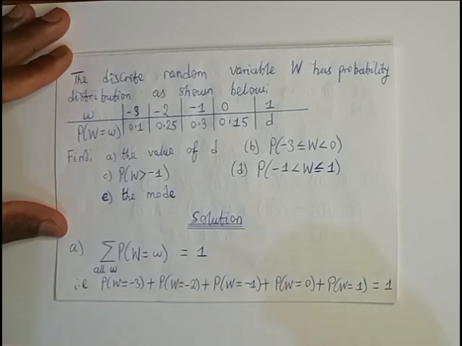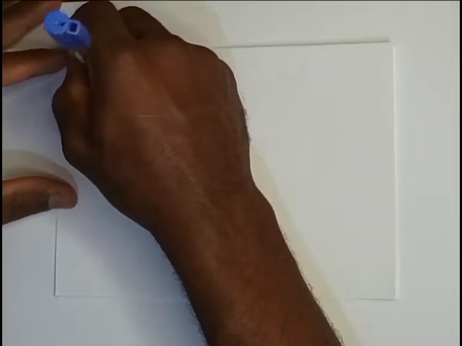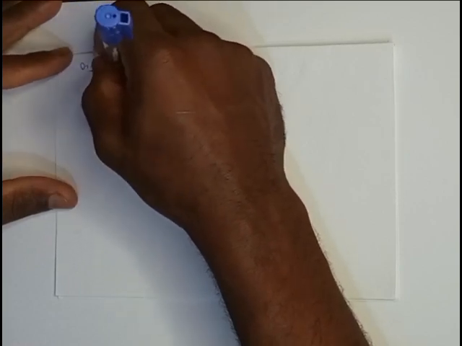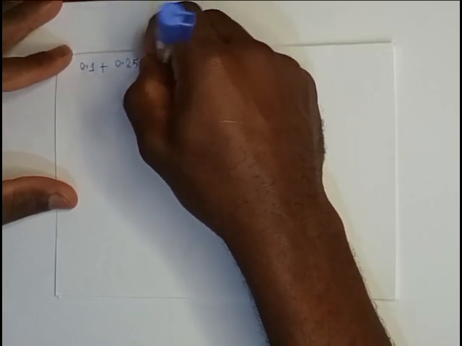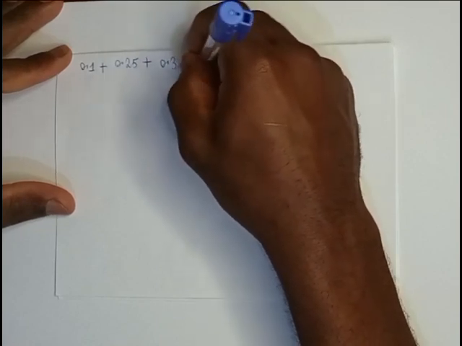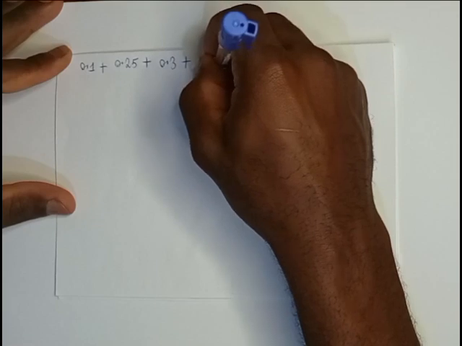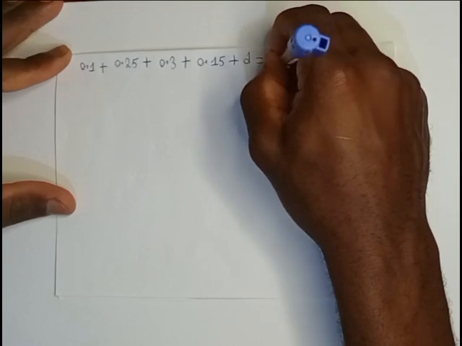Remember, when you sum the probabilities of all the possible outcomes, it is always equal to 1. This will give us 0.1 plus 0.25 plus 0.3 plus 0.15 plus D to be equal to 1.